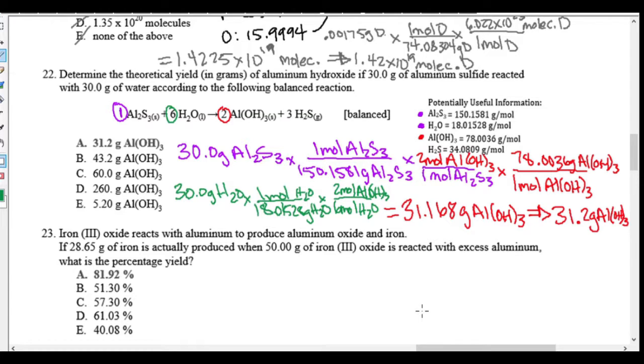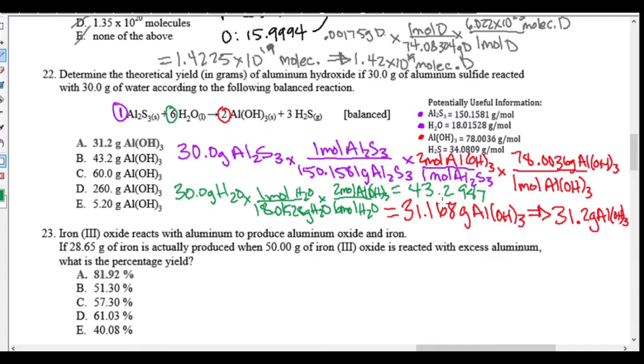So let's just do the math. I'm already pretty much there. So 30.0 divided by 18.0152 times 2/6 times 78.0036 equals, so when you do the math on this one, sorry about the size of this and how cluttered it is, 2987.